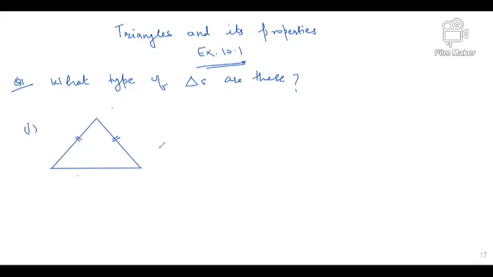When two sides of a triangle are equal, we will say this triangle is an isosceles triangle. What is an isosceles triangle? In an isosceles triangle, any two sides of the triangle are of equal length. I hope the first part is very much clear. If any type of doubt is there, feel free to ask by commenting in the comment box.